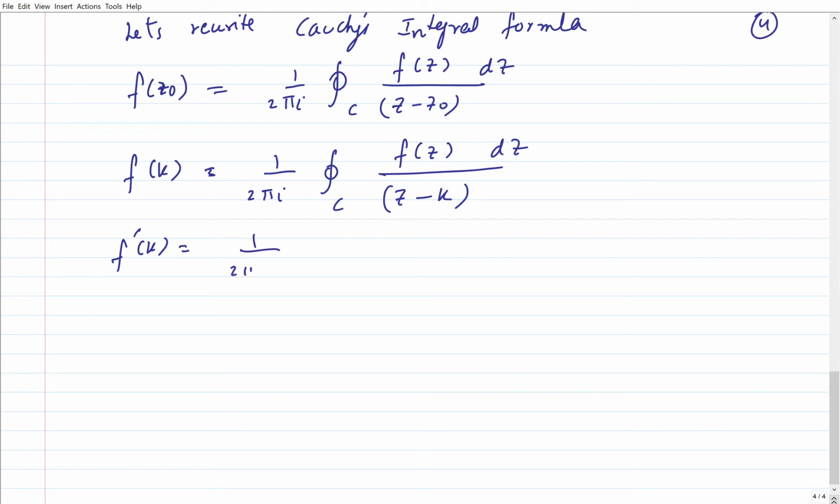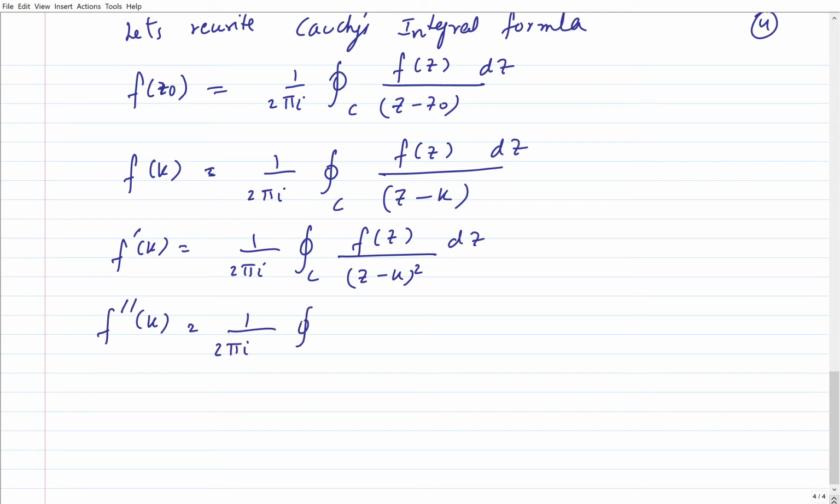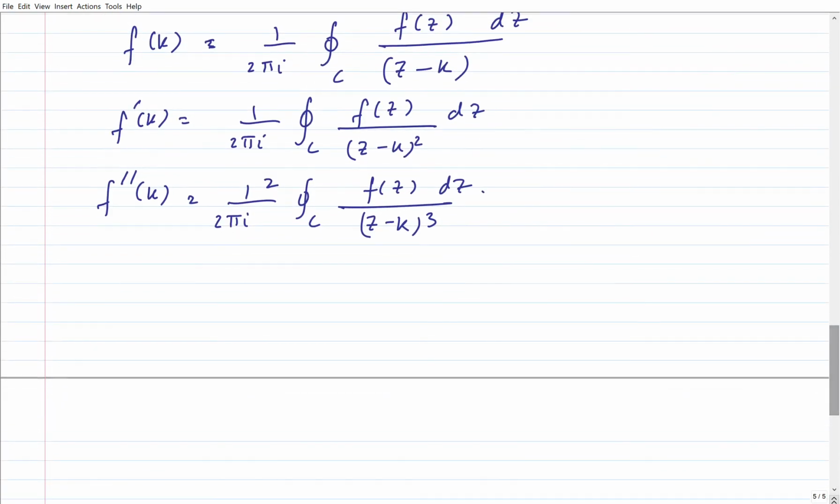So that gives me f(z) over z minus k the whole square dz. I can take the double derivative. That gives me f(z), and 2 will come out. I'll get z minus k whole cube dz, so on and so forth. So generalizing this, what do I get?